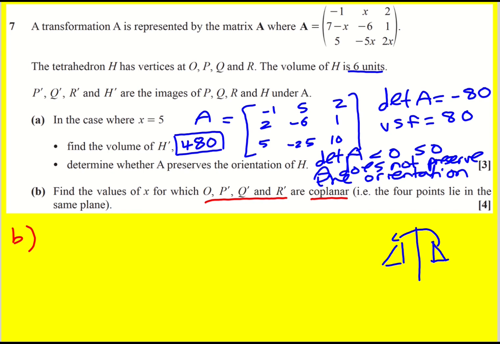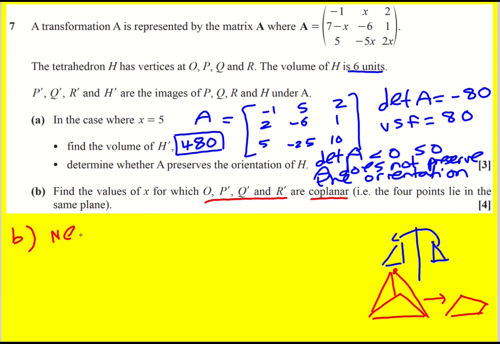What that actually means is whilst we had a tetrahedron to begin with, which is like a triangular pyramid essentially, this is now somehow being transformed to maybe just something that's flat. Who knows exactly what it's going to look like, but the key thing is that it's not going to have any volume.